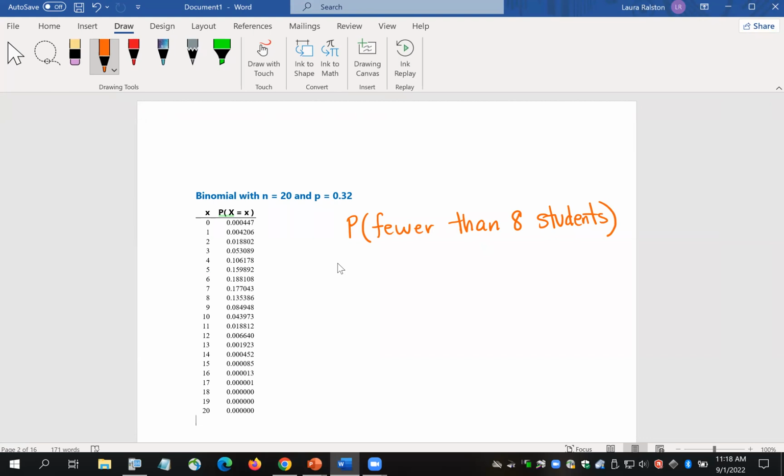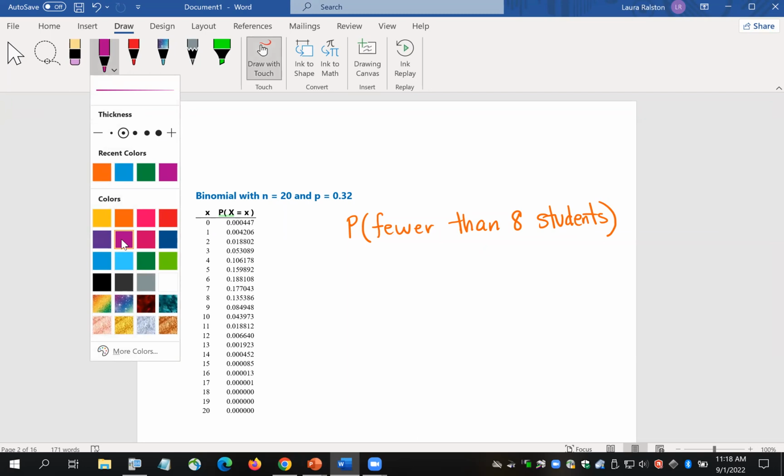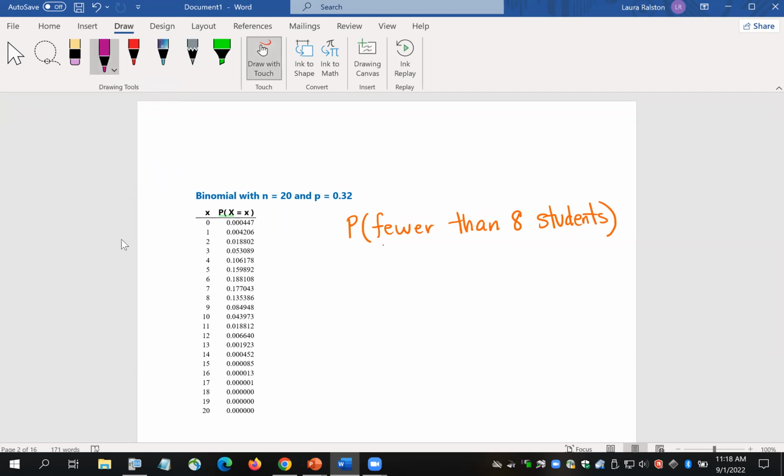Now, again, you can use your logic, common sense, and interpret what it means to be fewer than. Fewer than simply means it's less than. It does not include the equal. So this would actually be 0, 1, 2, 3, all the way up to 7. Because I want to be fewer or less than 8, we don't include the 8.